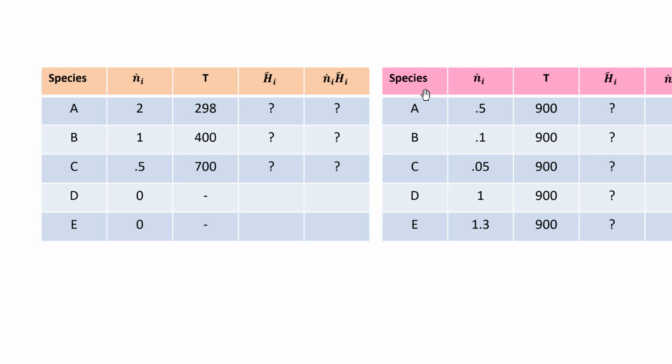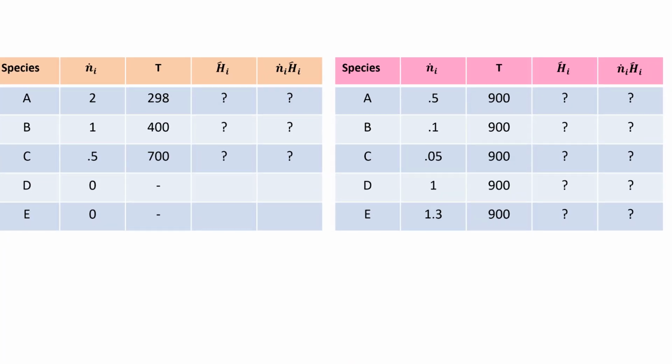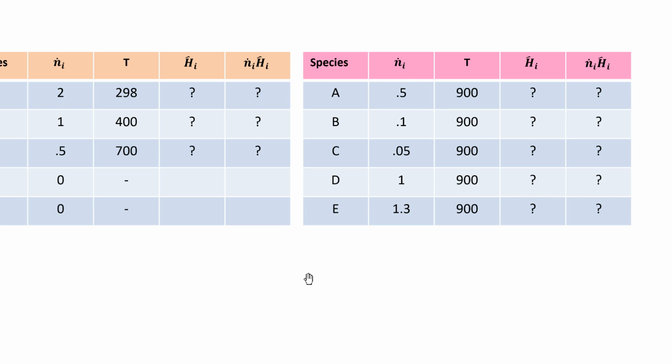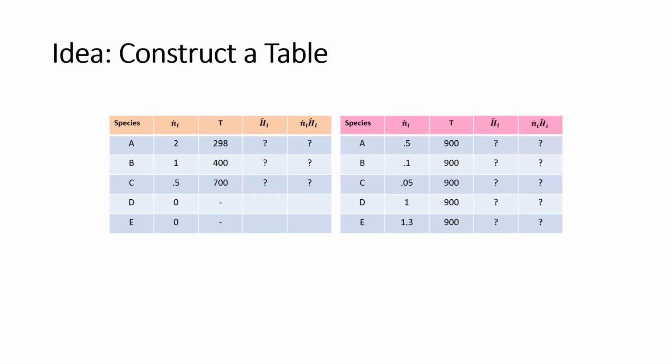Let's say you just had species A, B, C, D, and E. You would get the moles coming in, the temperature, compute a specific enthalpy, and then compute the moles times the specific enthalpy, and add all of those up here. Do that for the out minus the in, and that will be the change in enthalpy.